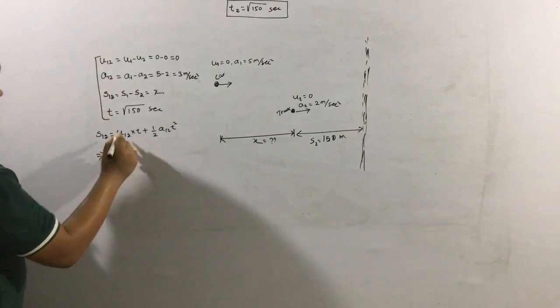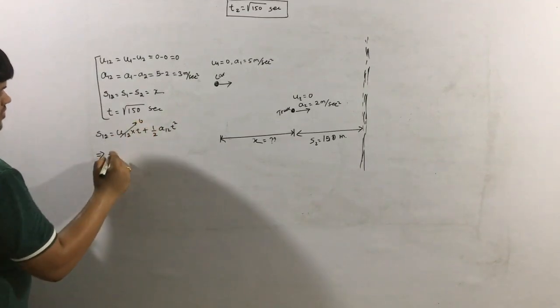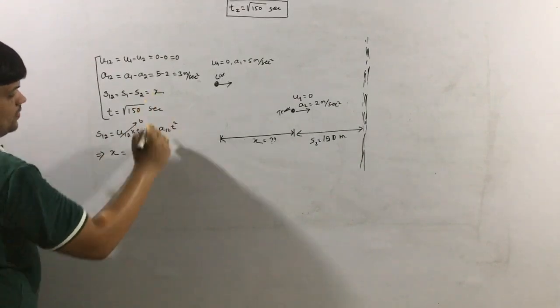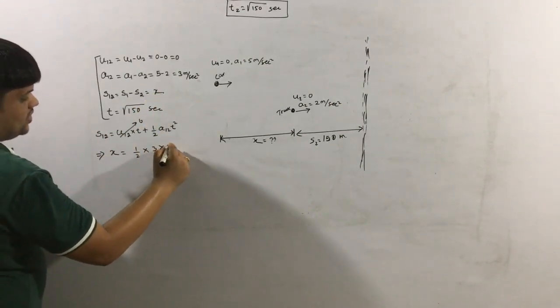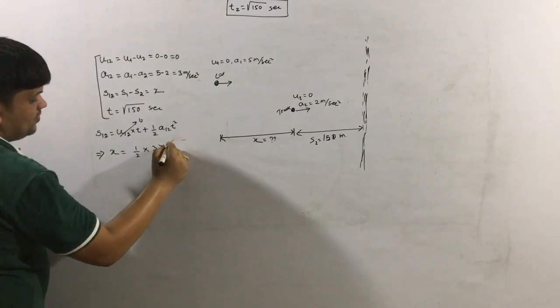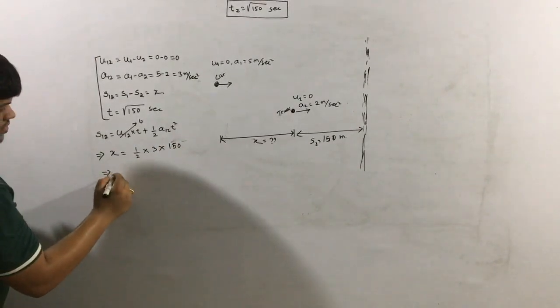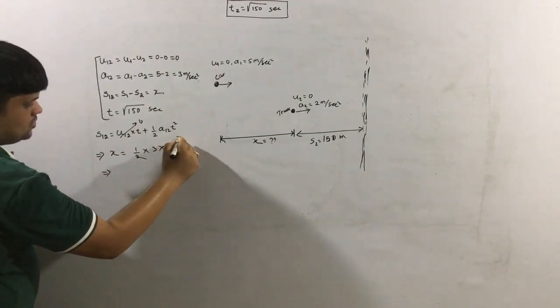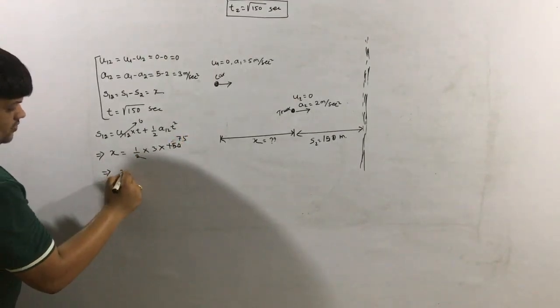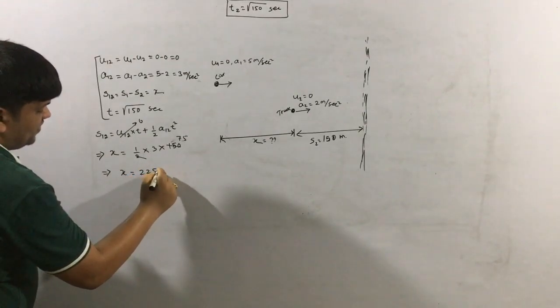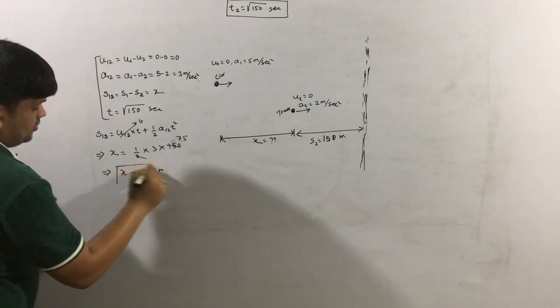Here u is 0, so if you put the remaining values, x will be equal to half into 3 into t square, and t square will be 150. So x will be equal to 75 into 3, or 225 meter. This is the value for x.